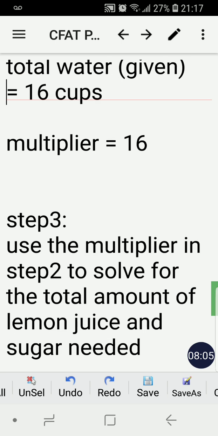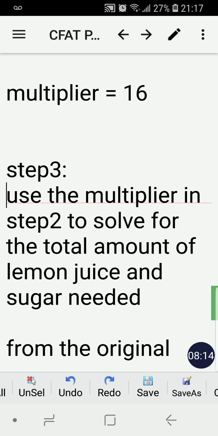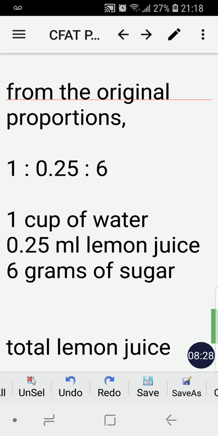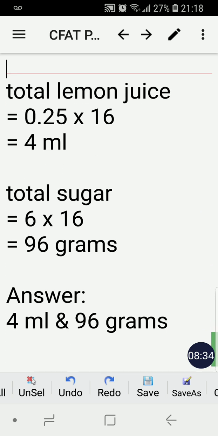So now that we know the multiplier, all we have to do in step 3 is to use the multiplier from step 2, which is 16, in order to solve for the total amount of lemon juice and the sugar needed. From the original proportions, it's here again for your reference. So we solve for the total lemon juice needed: multiply 0.25 times 16 and we get 4 ml.